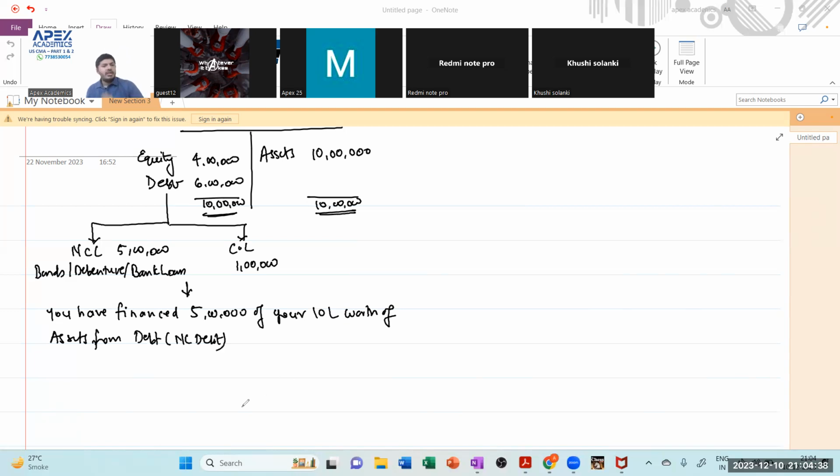Can I say this statement? See, your non-current debt of bonds is sitting here in this 6 lakhs, and these two are translating into your assets. So can I say that 50% of your assets are purchased from debt? Yes or no? Please tell me that.